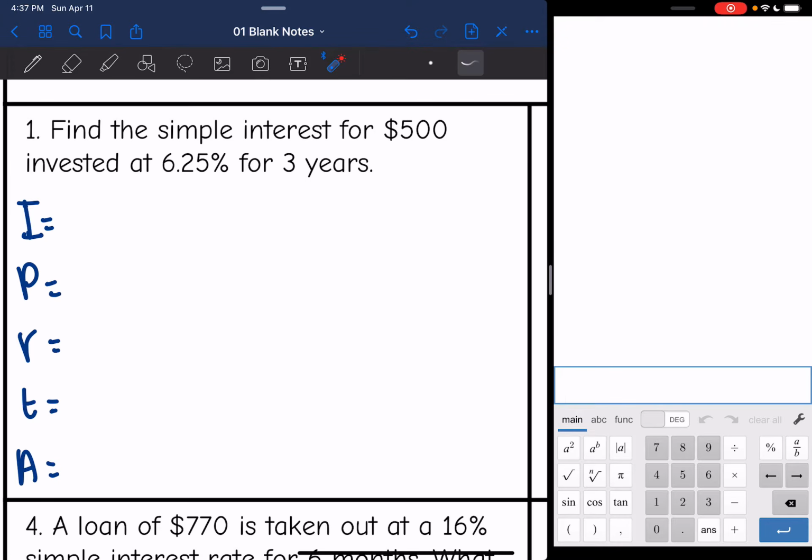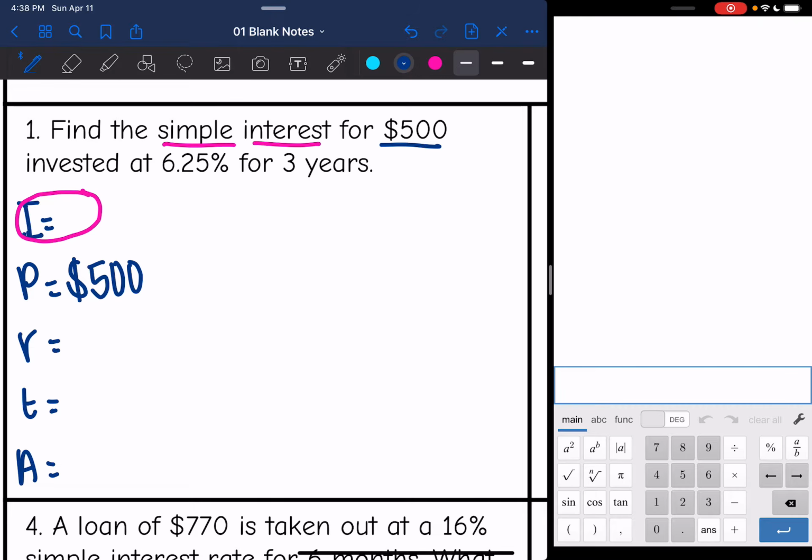Okay, number one says find the simple interest for $500 invested at 6.25% for 3 years. So it is asking us to find the simple interest. It's asking for I. They gave us what they originally invested, $500, that's the principal.